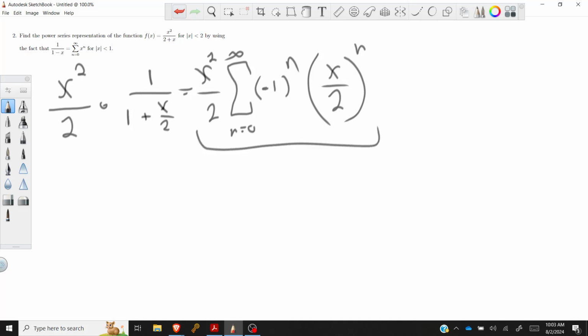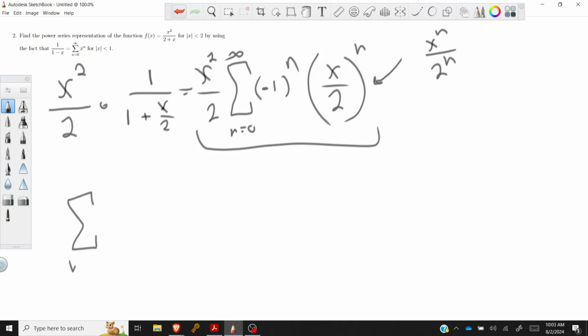I mean, this is our answer, but we're going to simplify it, right? If we notice that this portion is x to the n over 2 to the n, now we can multiply our constants.